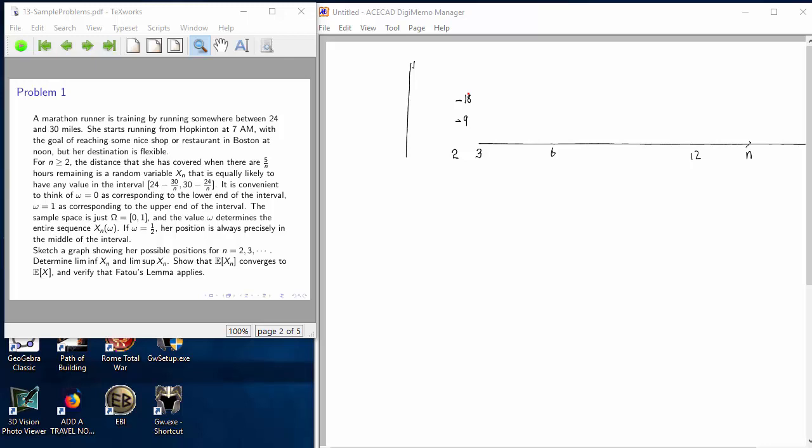When n equals 3, she's gone somewhere between 14 and 22 miles. When n equals 6, she's somewhere between 19 and 26 miles. When n equals 12, now she's within half an hour of her goal. She's somewhere in between 21 and 28 miles.